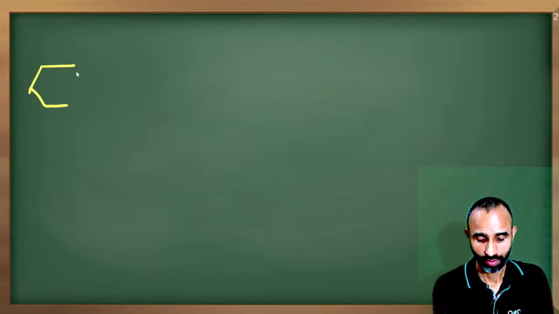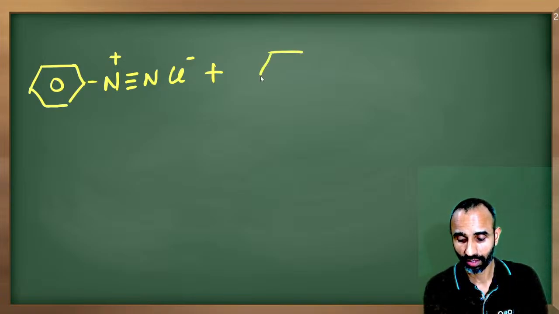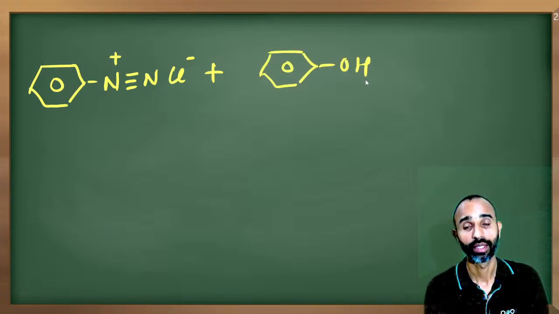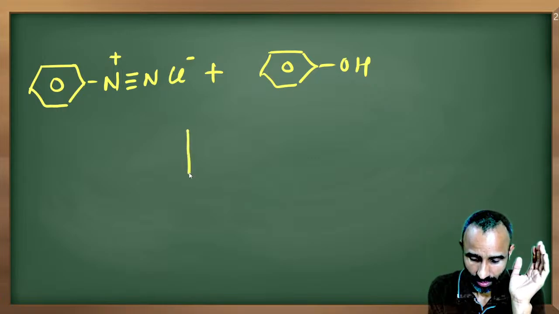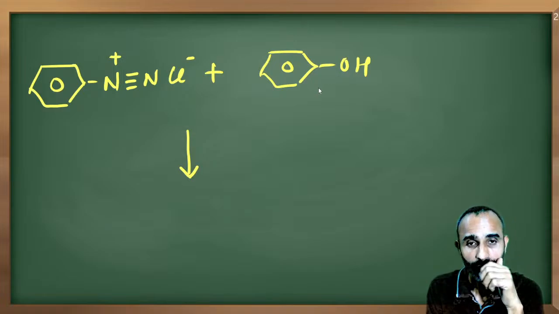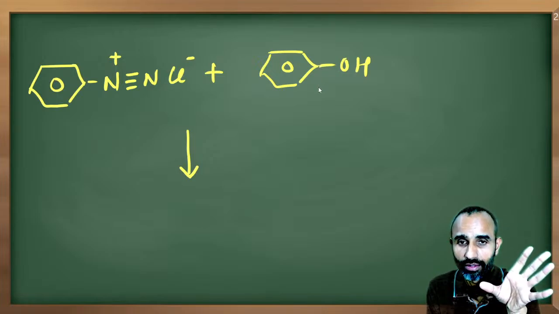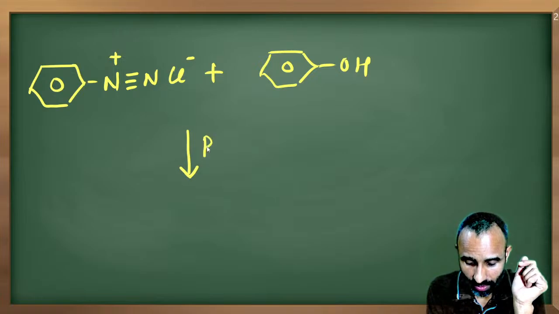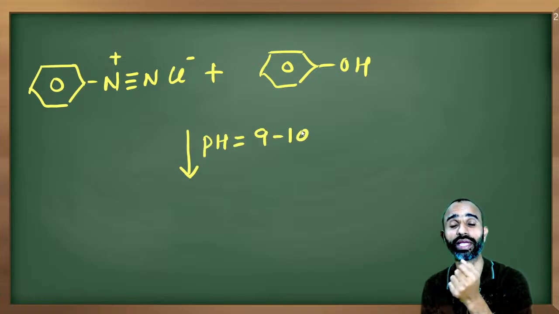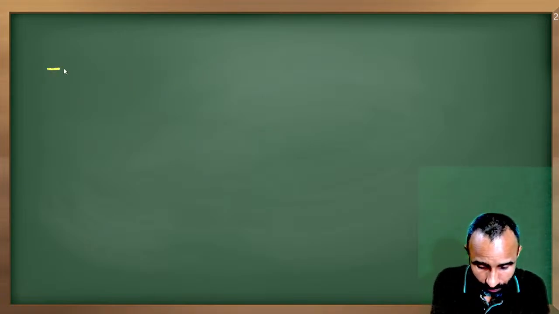Now, if we treat the diazonium salt with phenol or beta naphthol, in this case the OH group is ortho-para-directing, and because phenol is acidic, we use a base, meaning we use pH 9 to 10, a weakly basic medium.